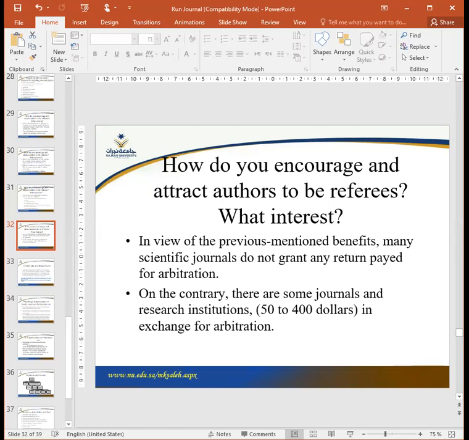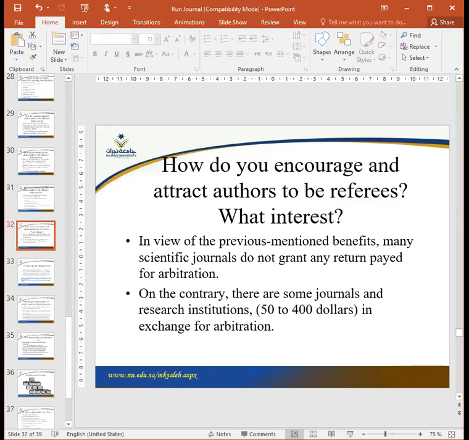These institutions may set some conditions, such as the arbitrator having a professorship degree, or evaluating his CV and verifying his qualification by a security company.